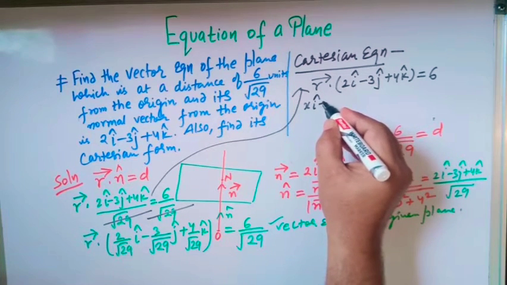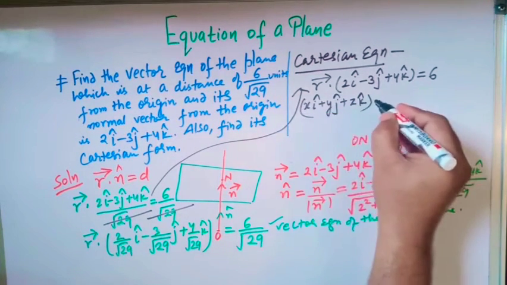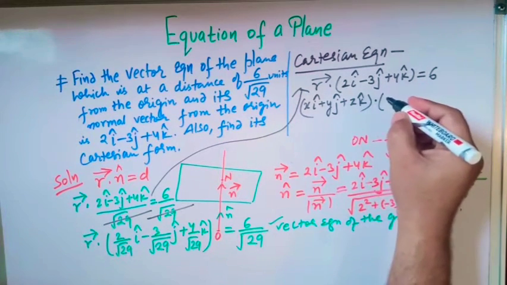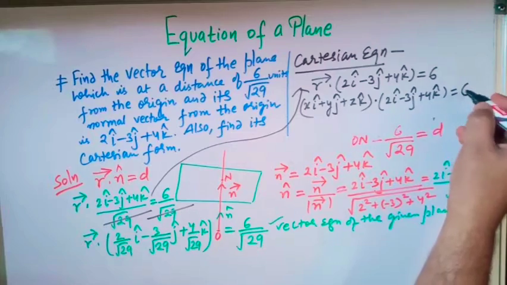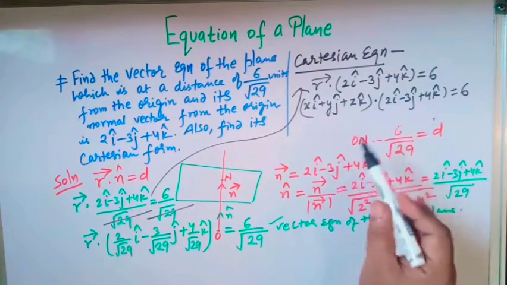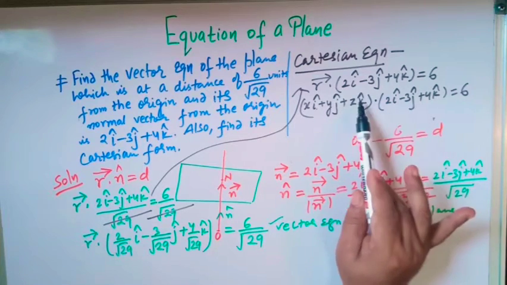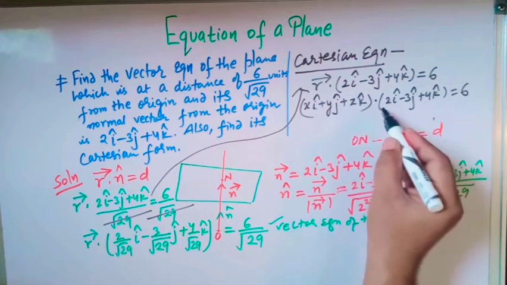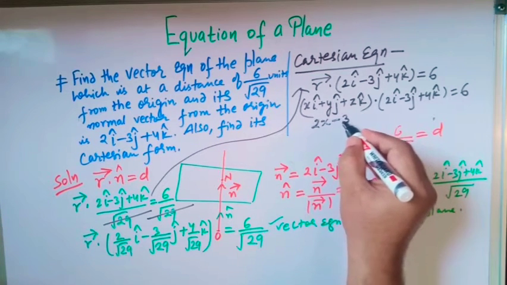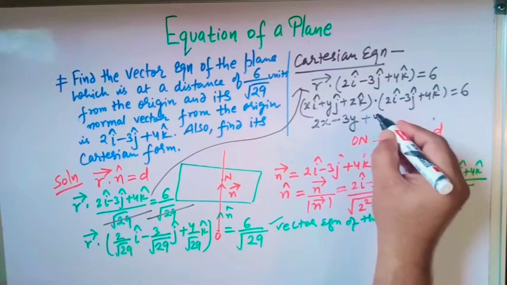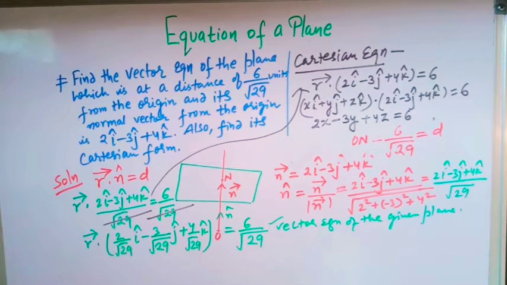Vector r is xi cap plus yj cap plus zk cap, and the dot product with the vector 2i cap minus 3j cap plus 4k cap is equal to 6. So if we take the dot product of these two vectors, we get the product of the i component, j component and k component. So here we have 2x, then minus 3y, and then 4z, that is equal to 6. So this is the Cartesian equation of the given plane.